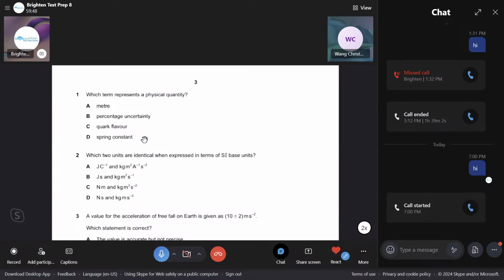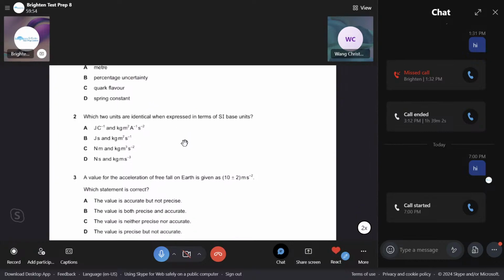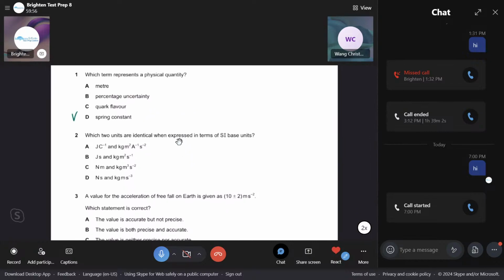Spring constant. Yeah, spring constant, exactly. You really have to think about it, right? What do they really mean by that question? It's not a matrix, it's not a dimension. You really have to look at the question very carefully. Okay, so which two units are identical when we express them in the SI base units?